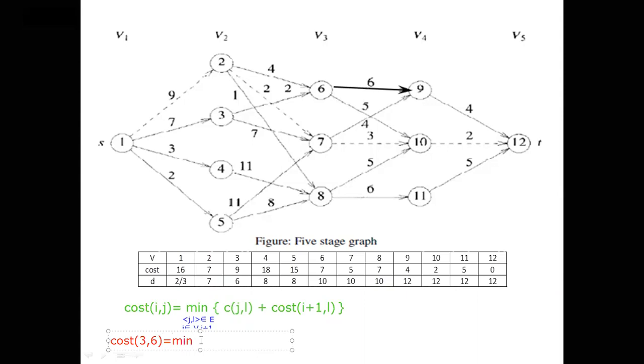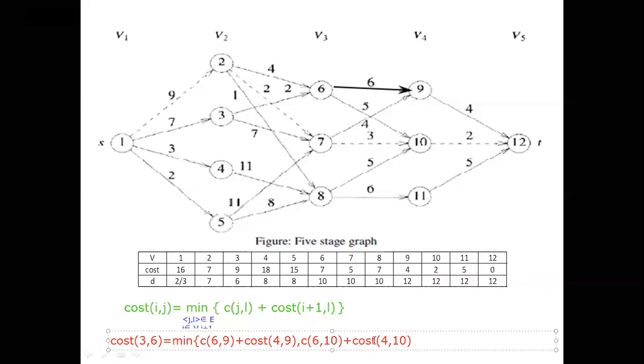I will write firstly minimum of C of 6 comma 9 plus cost of 4 comma 9, comma, C of 6 comma 10 plus cost of 4 comma 10.